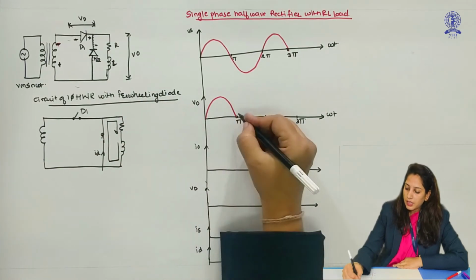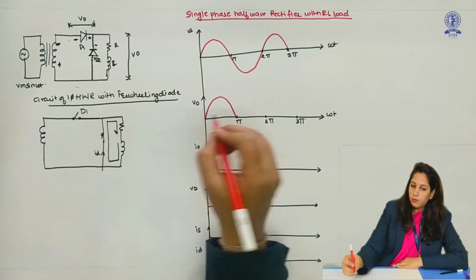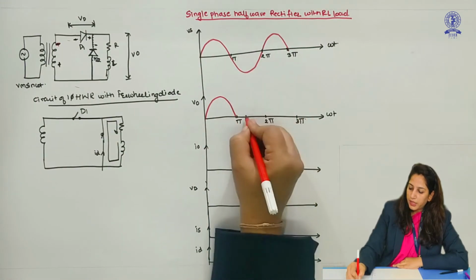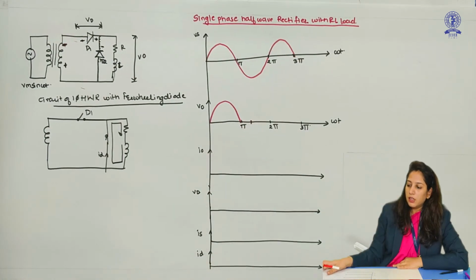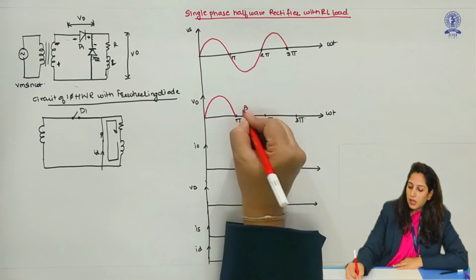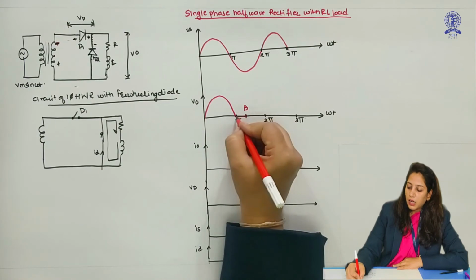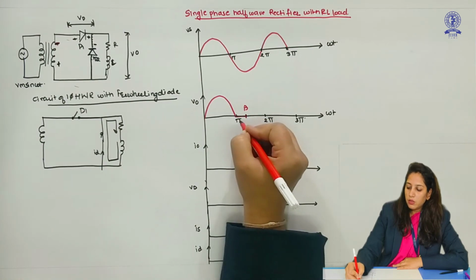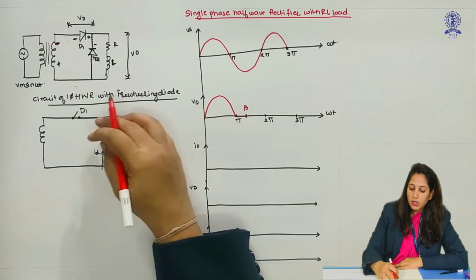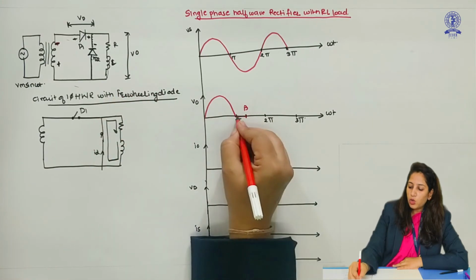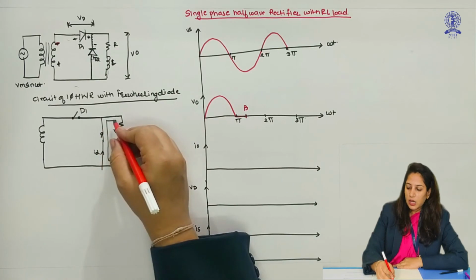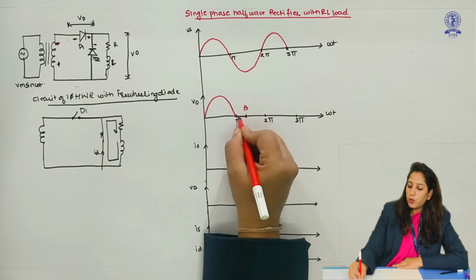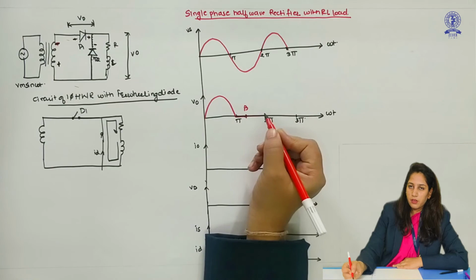So for this negative half cycle, for 0 to beta, I was getting a notch before. But now, as I have told, due to this diode there will be a short circuit for this 0 to beta angle, and it will stay connected until this inductor gets discharged, so my output will be 0 only.